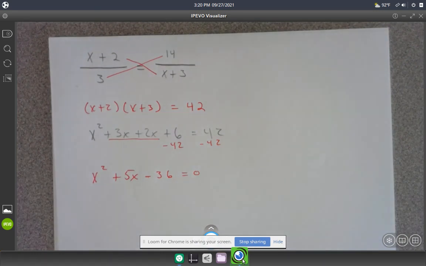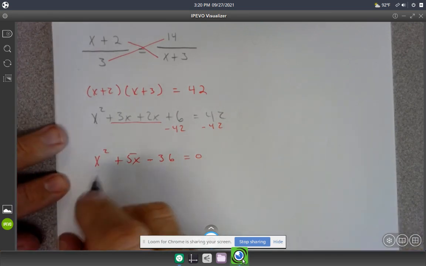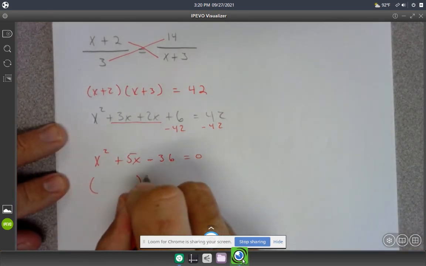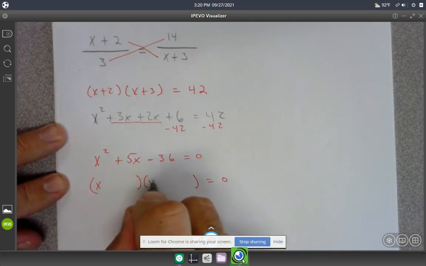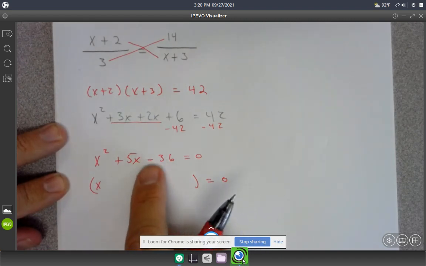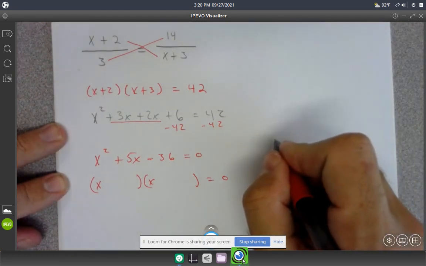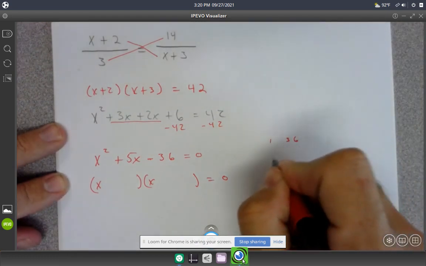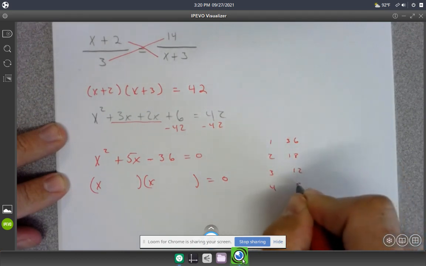All right, so this one can be solved by factoring. What we want to do here is find two of these that will multiply back to the original. x times x is x squared. Two numbers that multiply to 36 and subtract to 5. 1 and 36, 2 and 18, 3 and 12, 4 and 9.